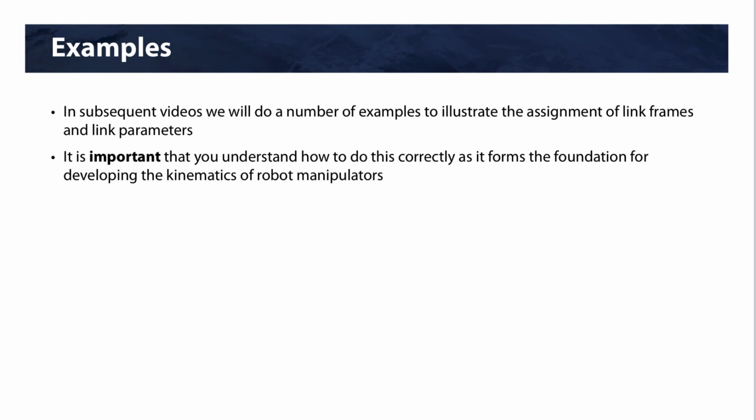And as you saw with the planar case, the forward displacement solution is the basis for everything else. We can do our inverse displacement from it, we can get our forward velocity and our Jacobians and so on. So we need to get the parameters correct so that we can do the kinematics correctly. Make sure you understand how to do that by going through all those example videos.